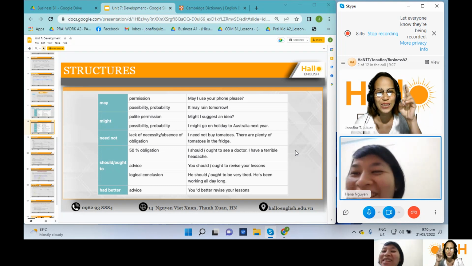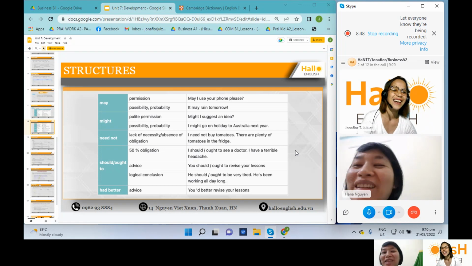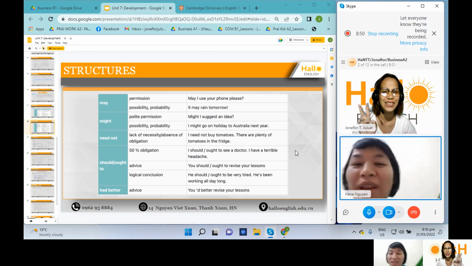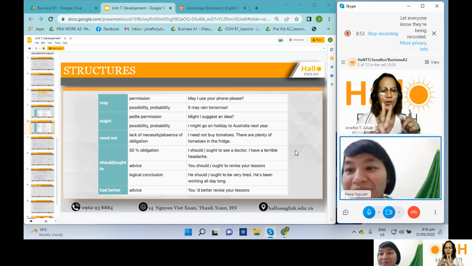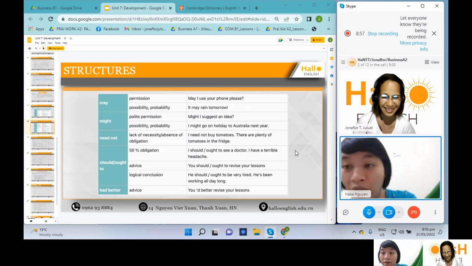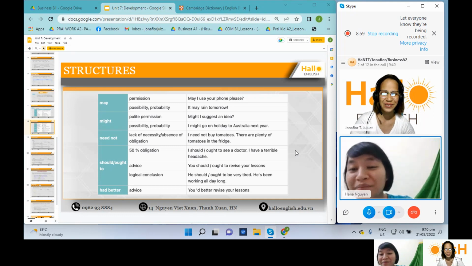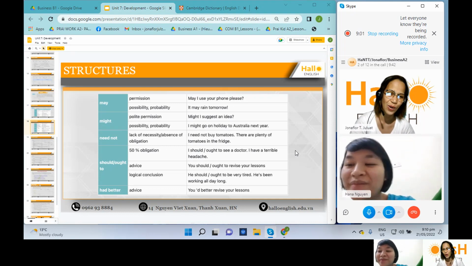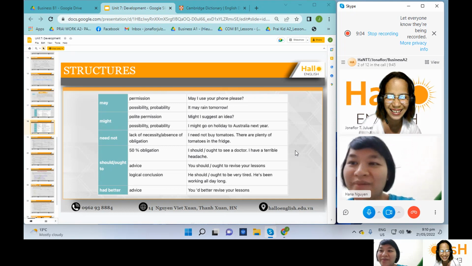You can choose between the two. So 50% you will stay at home or you will see a doctor.